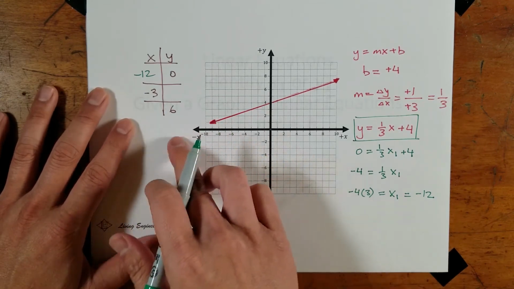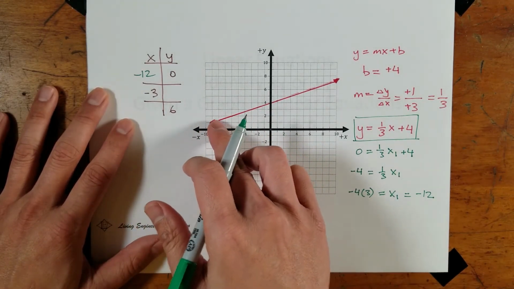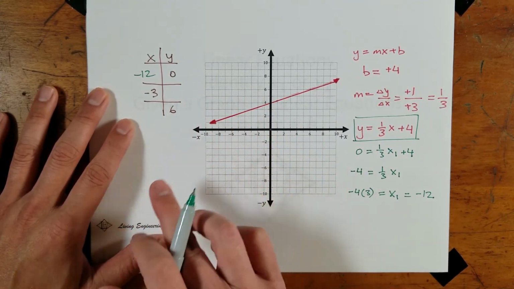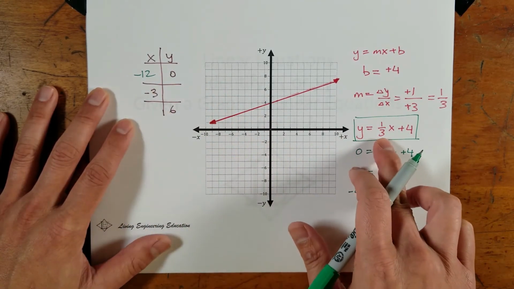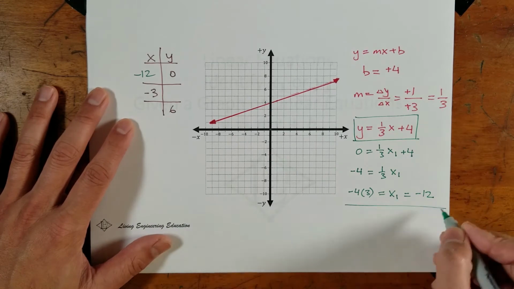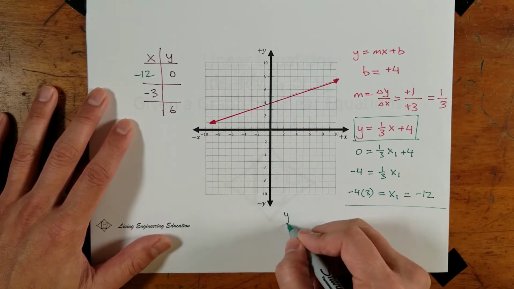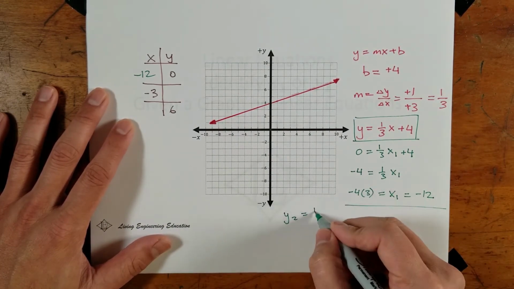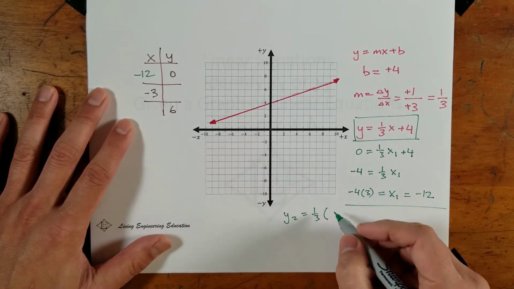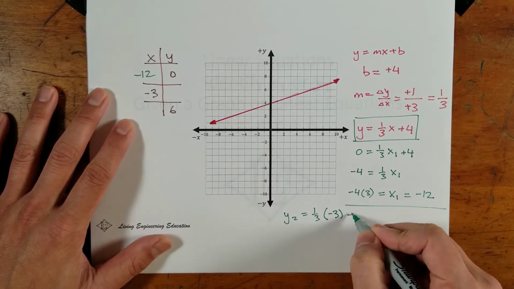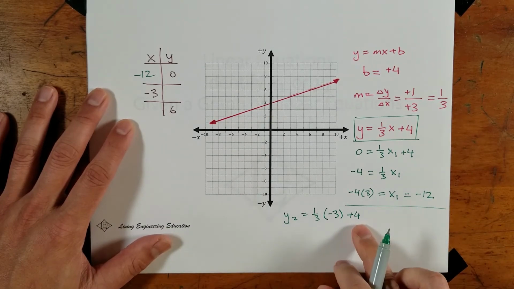So it's going to continue beyond this point. Okay? And we can't see it, so we know it's around that area, just looking at the graph. Then we have x2 is equal to negative 3. We can plug in to identify what y2 is. So we get y2 is equal to 1/3, the slope, times x2, which is negative 3, plus the y-intercept, which is 4.